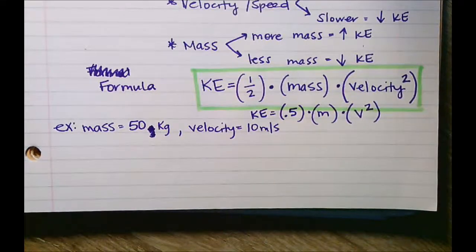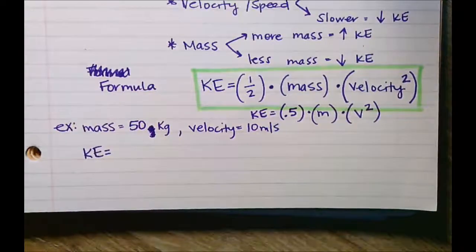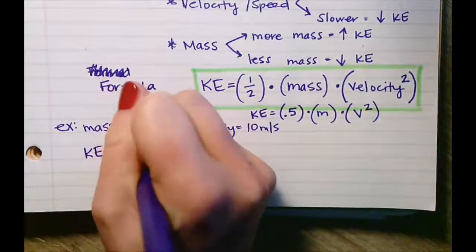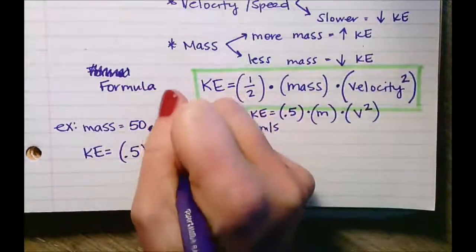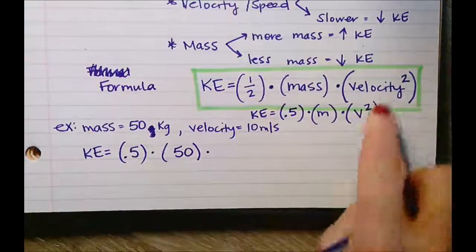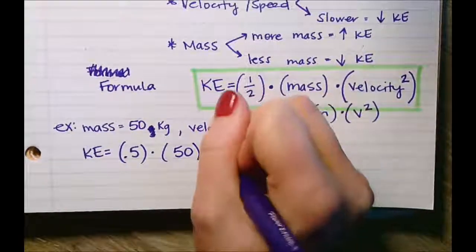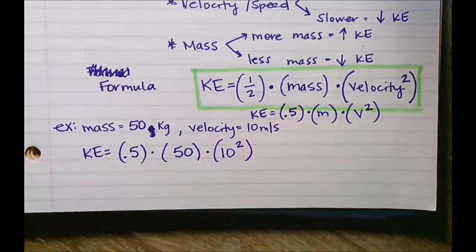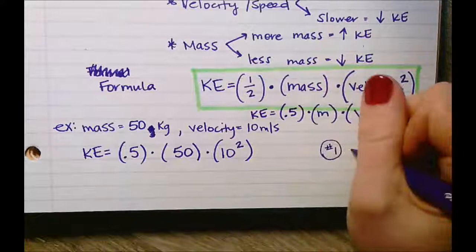My first step would be to plug the information into the formula. I would rewrite that as KE equals 0.5, which is 1/2, times our mass, 50, times our velocity squared. Our velocity is 10, but we have to square it, so it would be 10 squared.